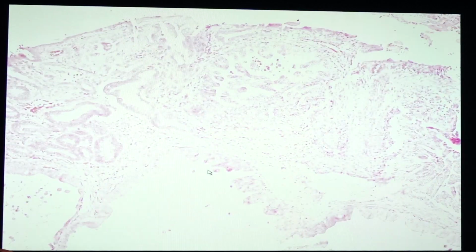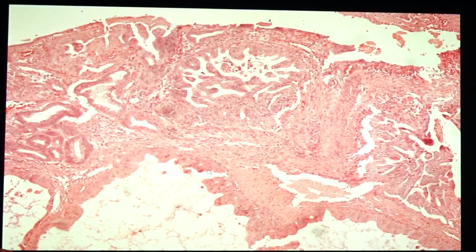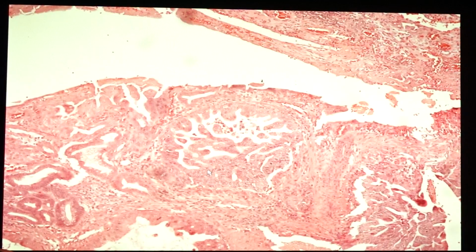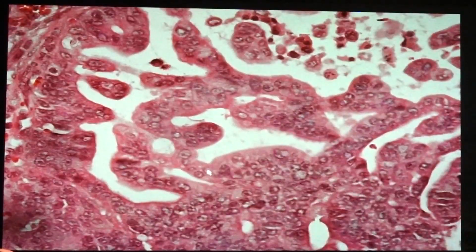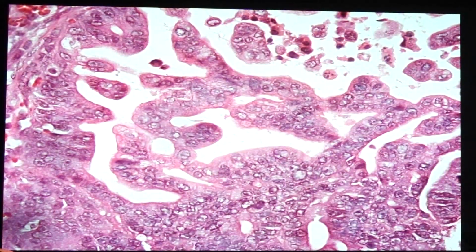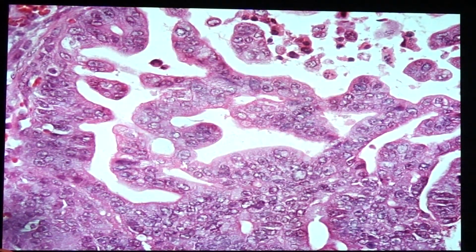This one is a better image of an atypical gland, showing presence of intraluminal bridging and budding.